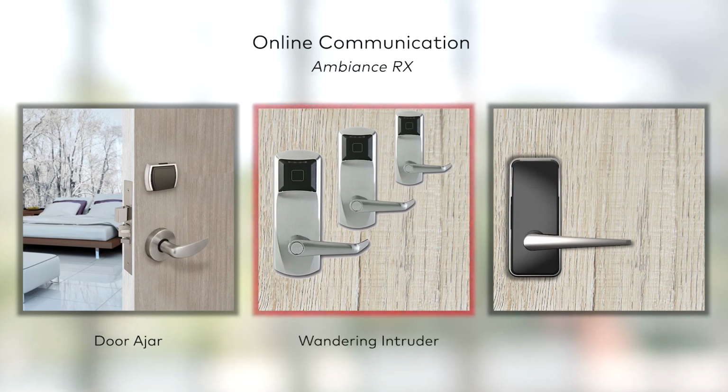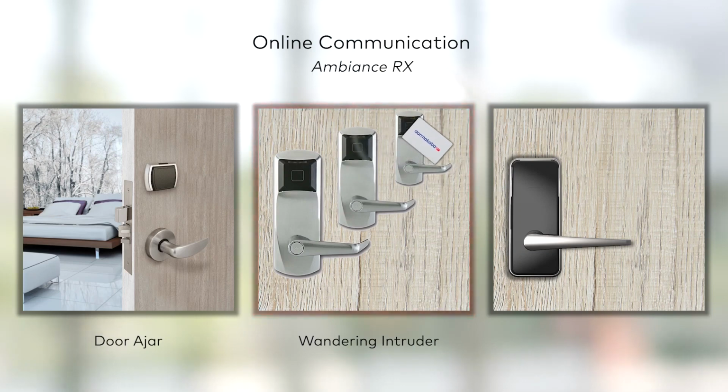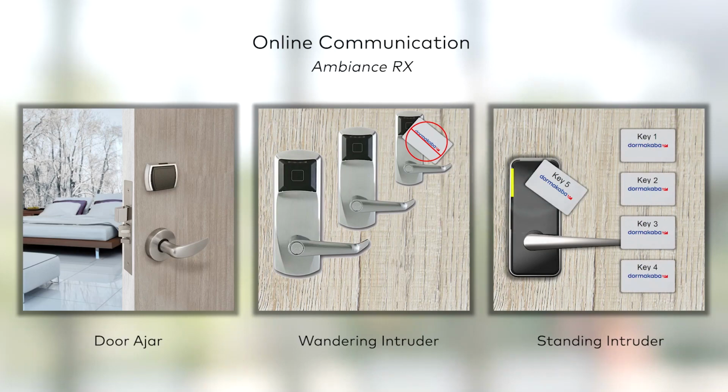The wandering intruder alert notifies hotel security that someone is attempting to gain entry by trying the same key on multiple locks, while a standing intruder alert signifies that failed attempts have occurred with multiple keys presented to the same lock.